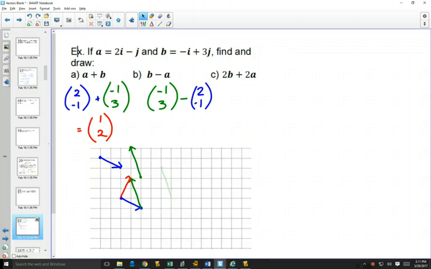We're going to start with B. So there's my green vector B. And I am going to subtract A. Now subtracting A will be in the same direction but with the arrowhead on the opposite end. So we need to match up heads to tails. As a result, we get this vector, which is 3 to the left and 4 up.